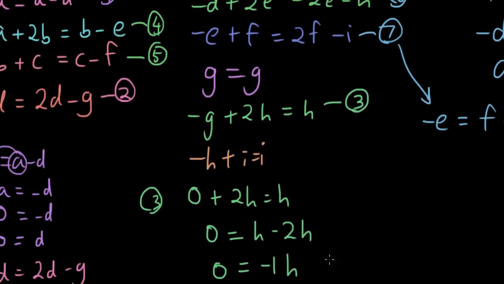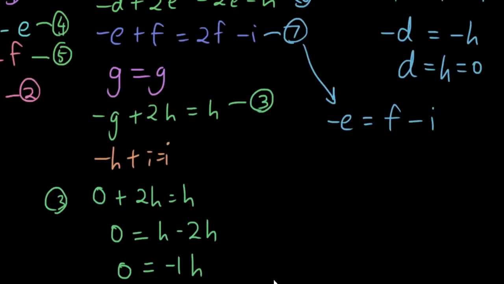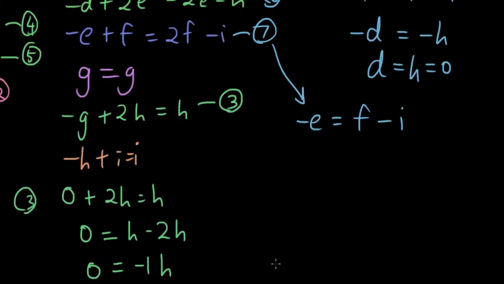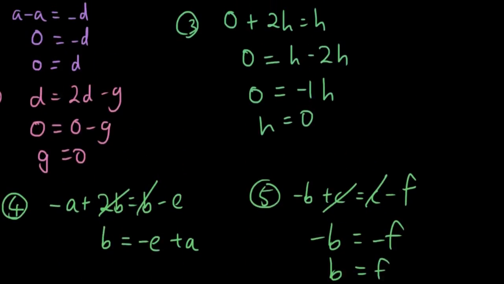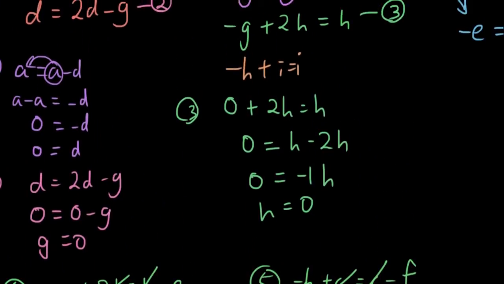Let's just write out everything that we know. So we found that b is equal to f, so therefore I can just write b in both locations. And what else did we find?